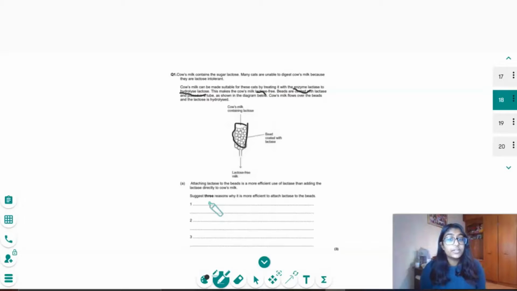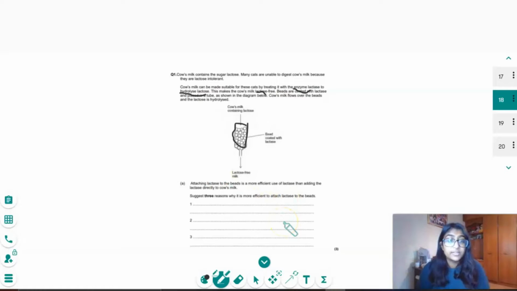They've given us a scenario where cats can't drink milk, and that's the basis of this whole question, so we need to find a way for them to be able to drink the milk. What's given here is that enzymes are used, and they need to hydrolyze it in order for the cats to be able to drink it. So why is it more efficient to use these beads?